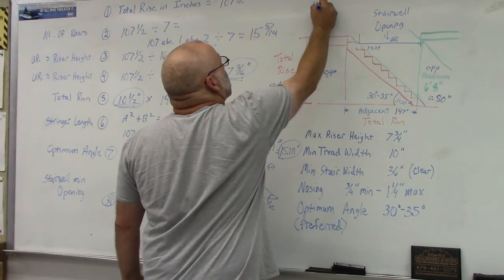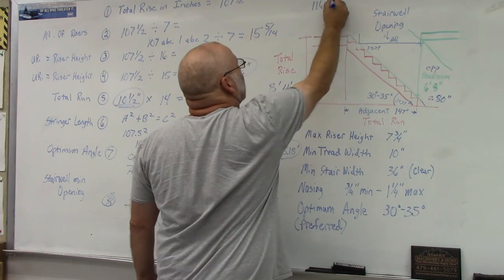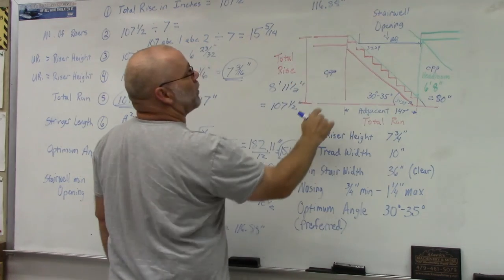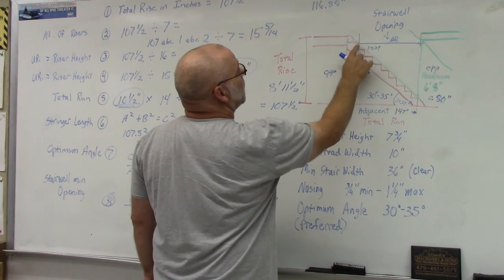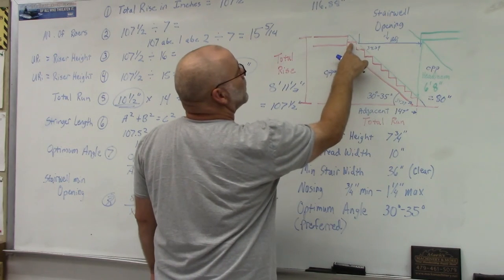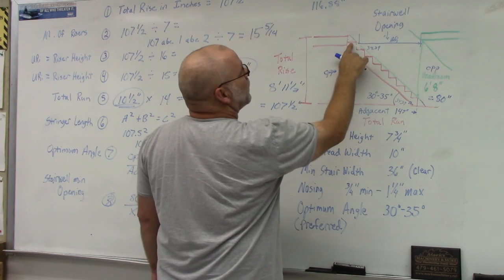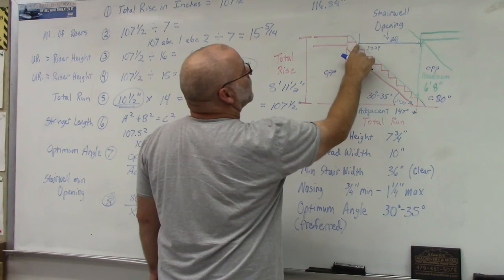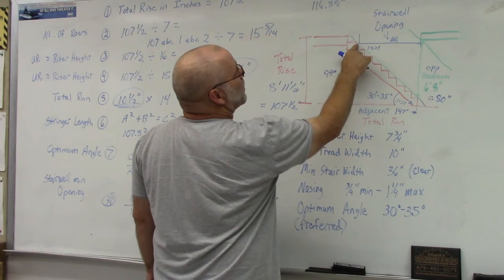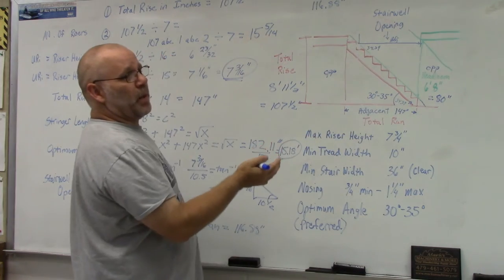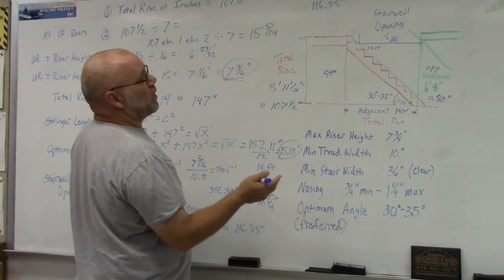So 116.88 inches. Now, that only takes us to this green line that runs across the nosing. We still have to add the width of a tread. And since it doesn't attach or run right up against this other stair, we're going to add a little bit, the extra couple of inches.